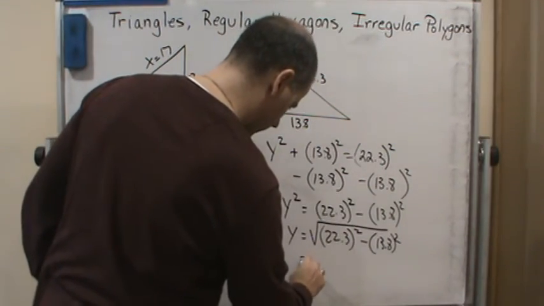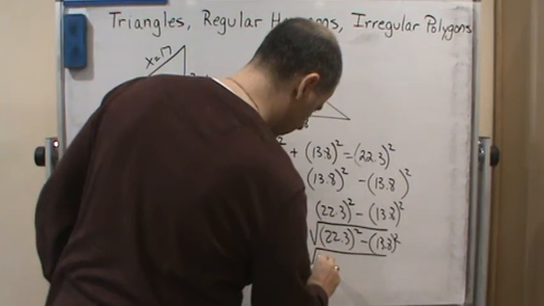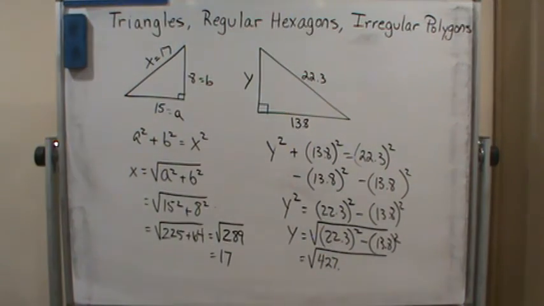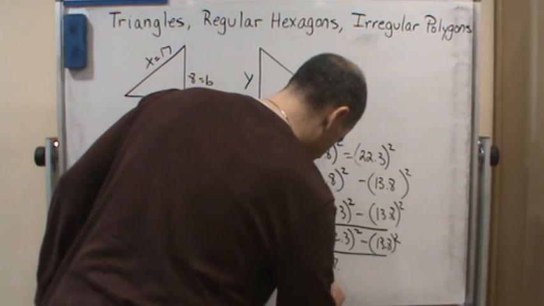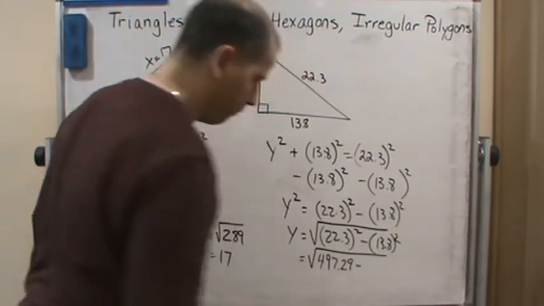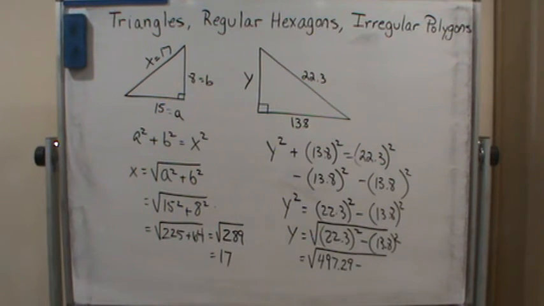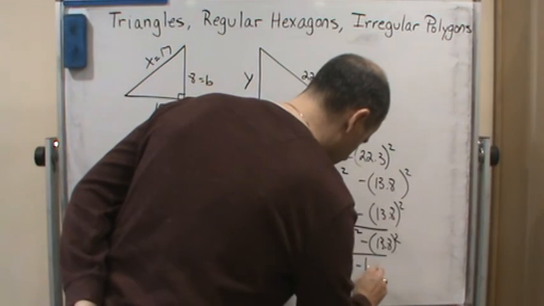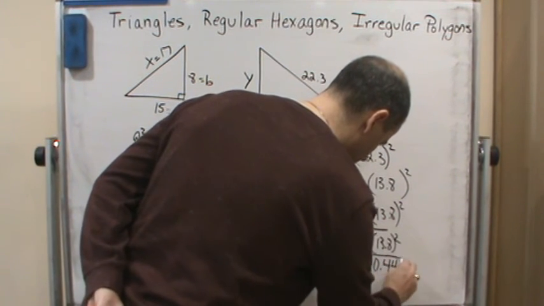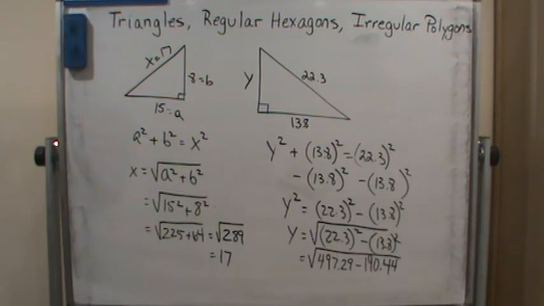So this is going to be the square root of 497.29 minus 190.44, right?